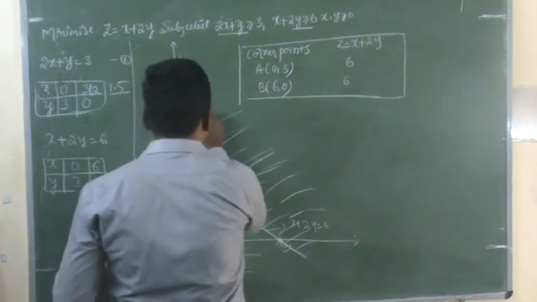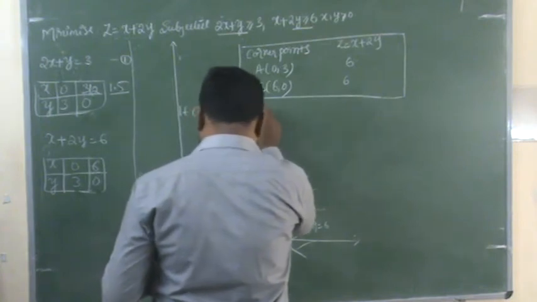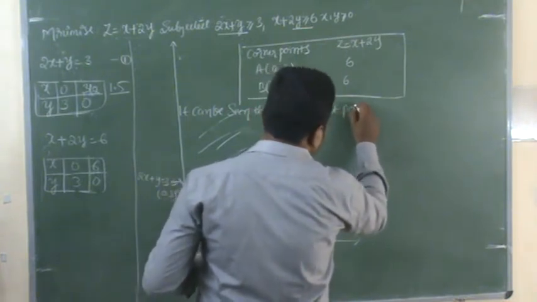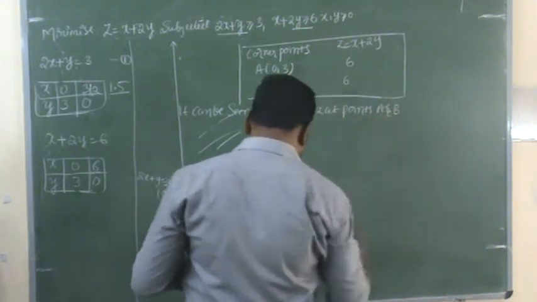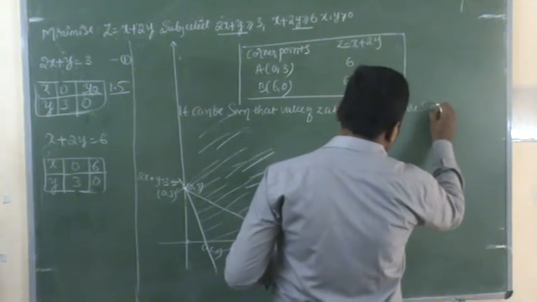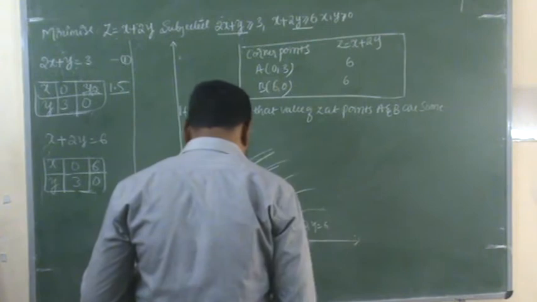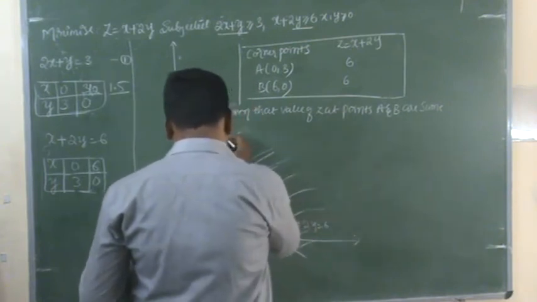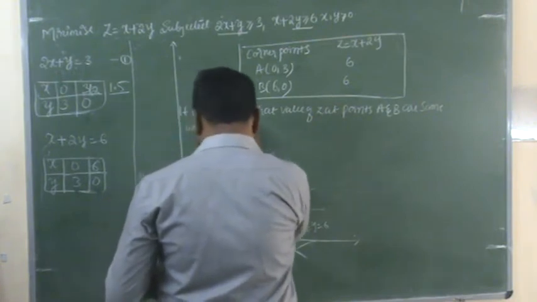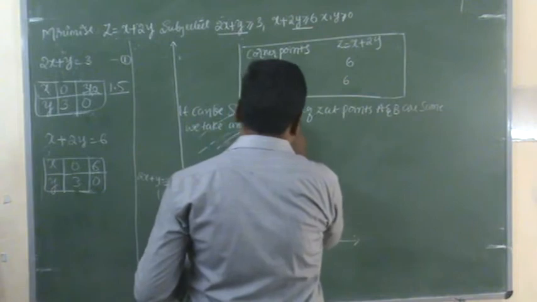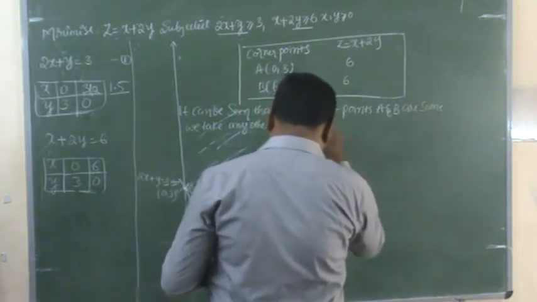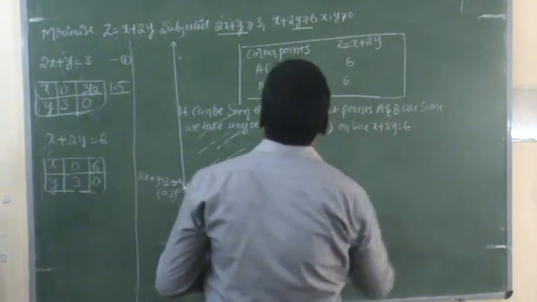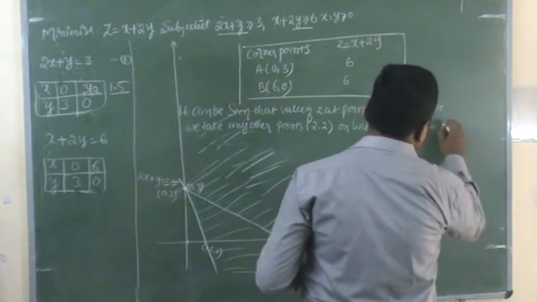It can be seen that the value of Z at the points A and B are the same. If we take any other point like (2, 2) on the line x plus 2y is equal to 6, then z is equal to 6.